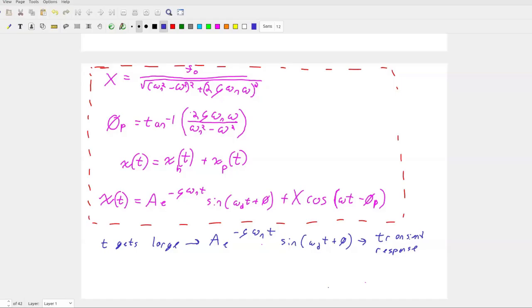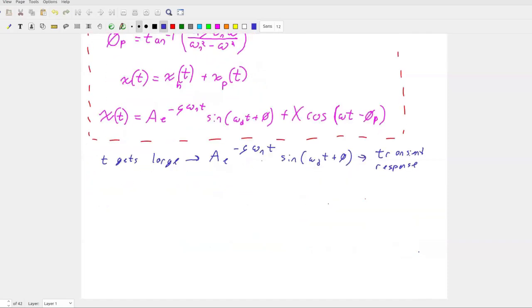And it's transient because it's just passing through. It's going to be gone given sufficient time, or it's going to decay to a point where it's just trivial to the full solution.